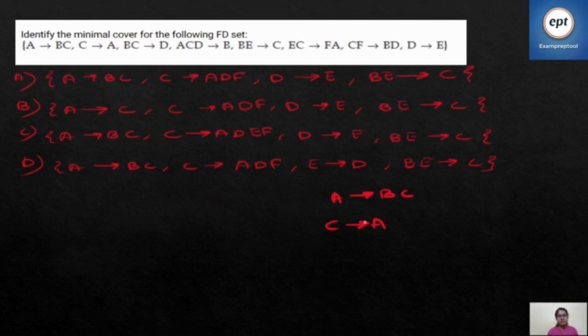Here we will write the FDs, and after that we will cancel each other. For this I am going to take the next page, and there I will explain this problem properly, how to find the minimal cover from the FD set.